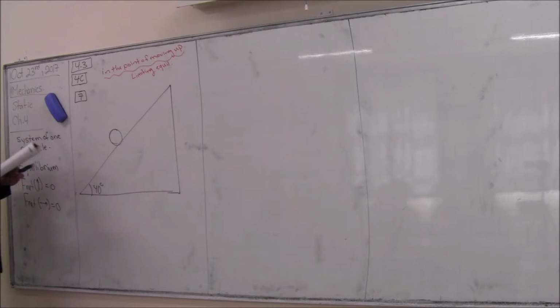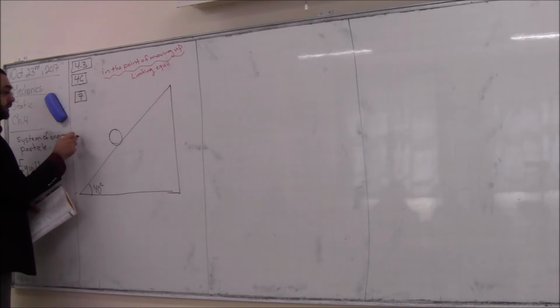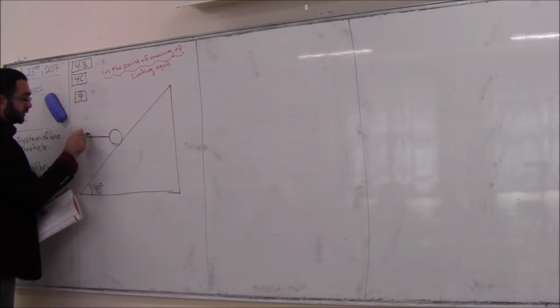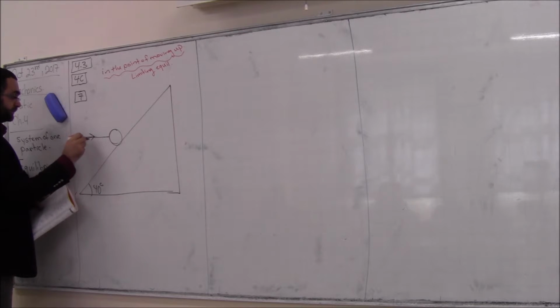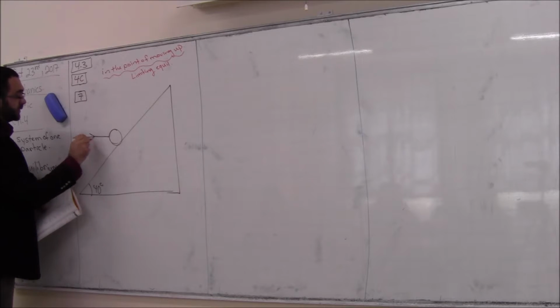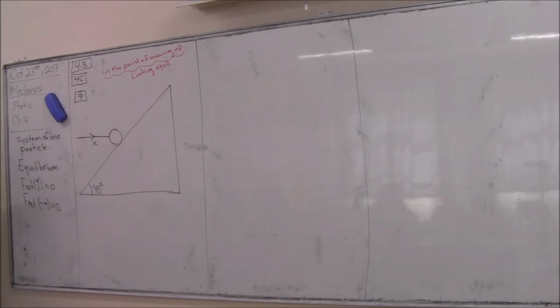It's kept at rest, the box is held in equilibrium by means of a horizontal force. This force is X newtons. The line of action of the force is in the same vertical plane as the line of greatest slope of the inclined plane.